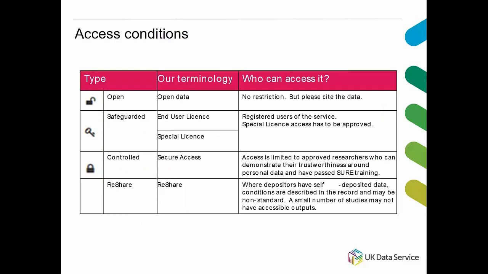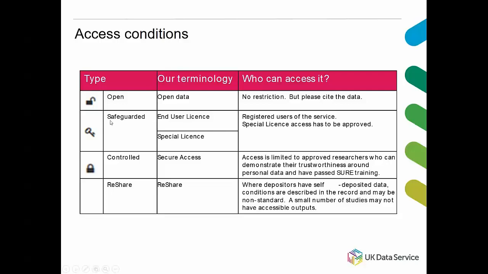So these are 4 main conditions of data access that we offer on the UK Data website. We hold a small amount of open data. In order to access these data, you don't need to be registered with the UK Data Service. You can simply find the data set through our search catalog, and you will be able to download and use it immediately.